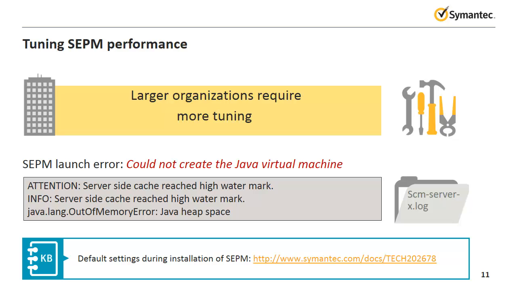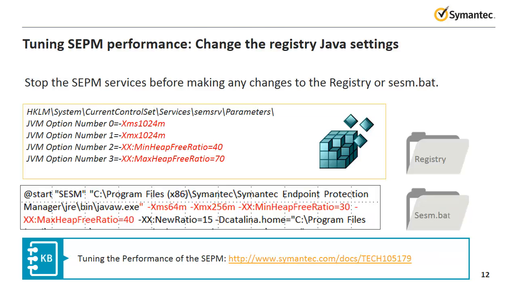In larger organizations that leverage multiple groups and replicate sites or even both, default settings may cause the system to underperform. If you see Java errors in the SCM server log, and when trying to launch the SEPM, it's possible that you need to review these settings. Refer to the KB on the screen for details regarding the default settings.